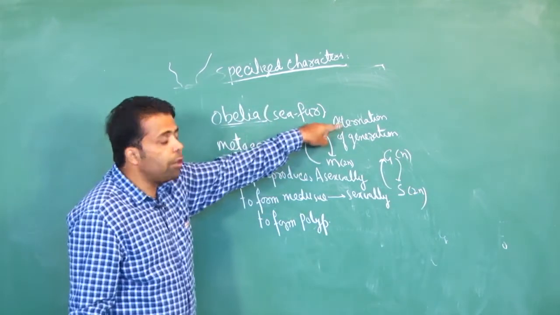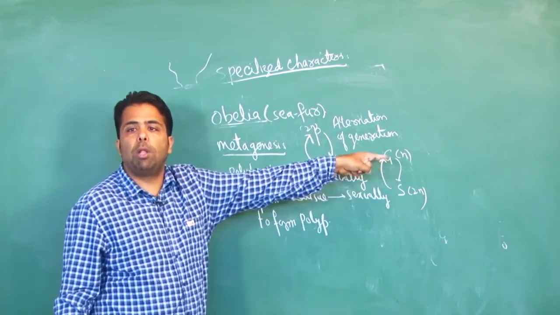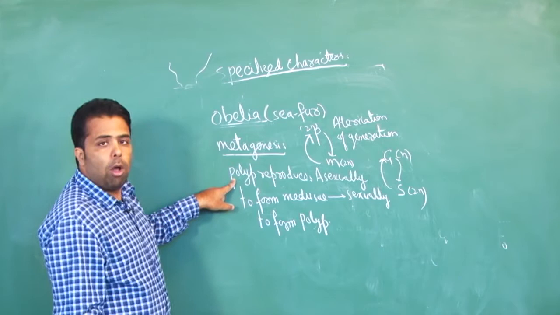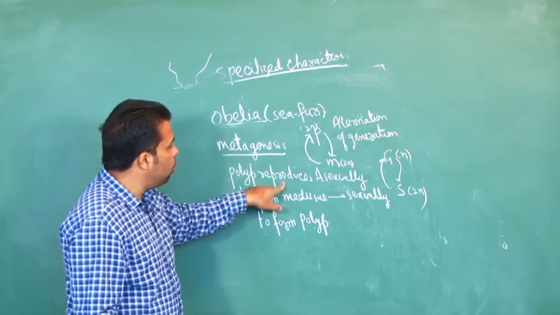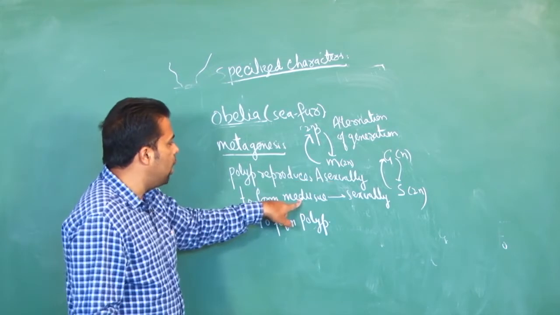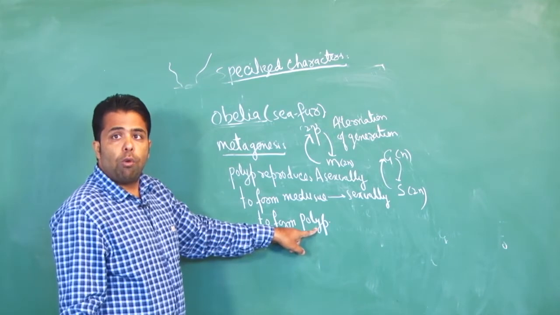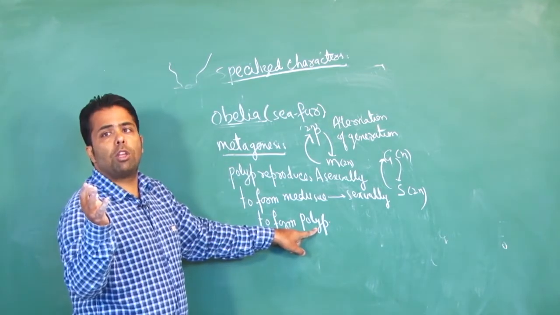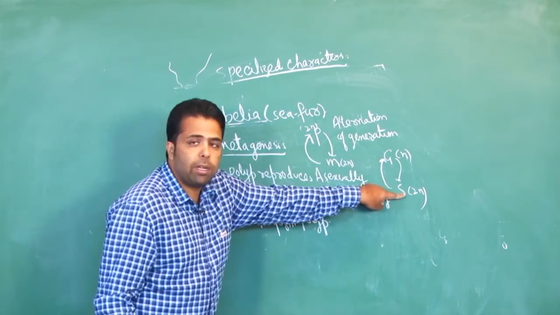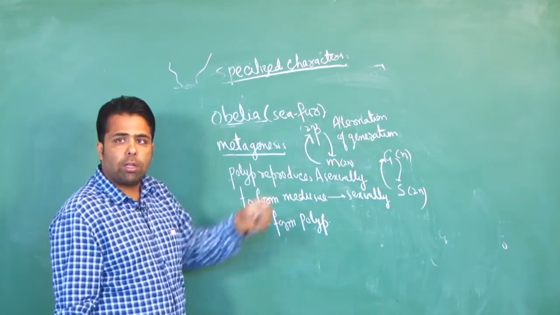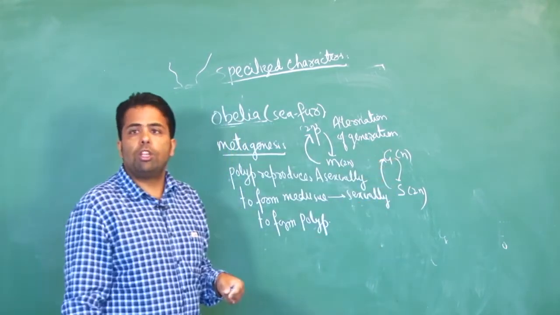Haploid gives rise to diploid and diploid again gives rise to haploid. But here polyp and medusa both are diploid. So we need not confuse it with alternation of generation.